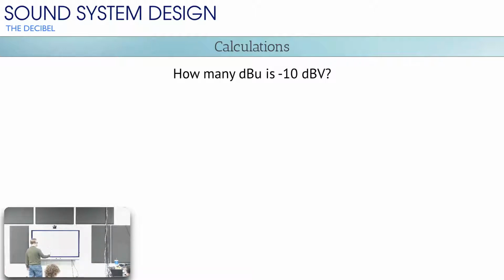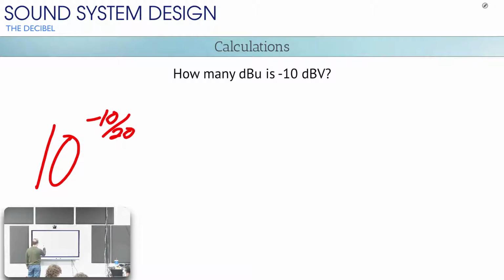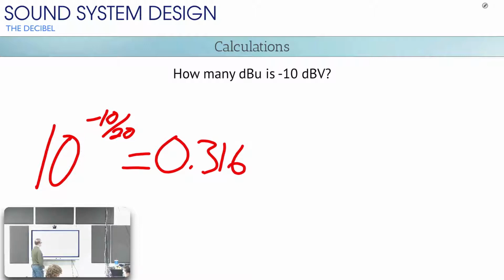We start, again, by getting the force ratio of minus 10 dBV. So that would be 10 to the power of negative 10 divided by 20, which we know is already 0.316. So if that's 0.316 volts, and I want to know how many dBu that is.